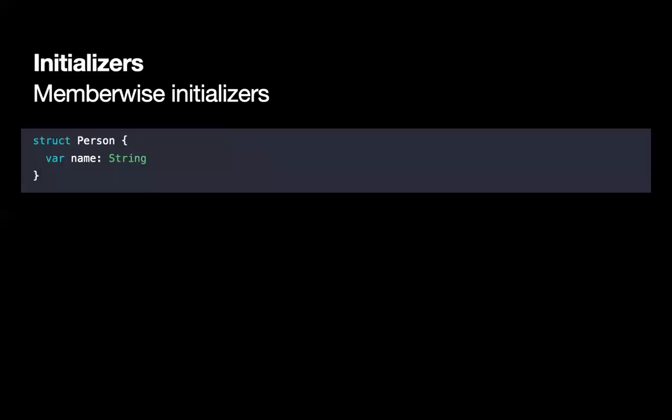Here we have created one structure called Person with the name property. If you want to call the member-wise initializer, you can use the type name followed by parentheses containing the parameters that match each property.